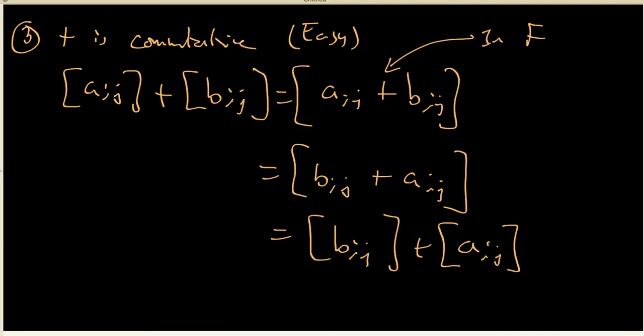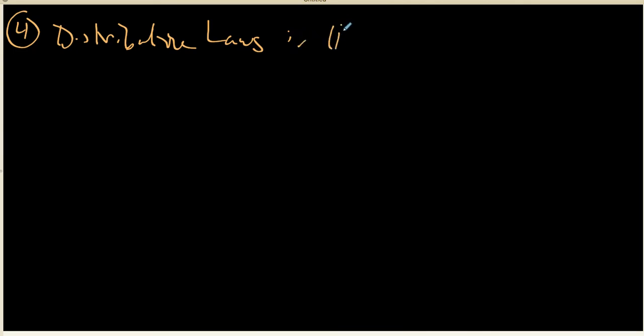The next axiom is the distributive laws, and it is laws, so the distributive laws in any kind of a matrix ring.